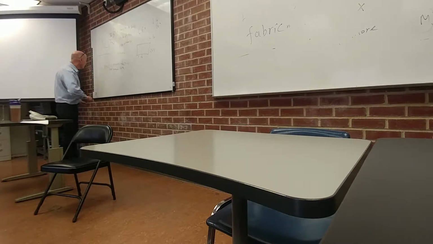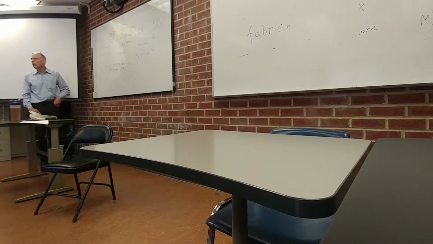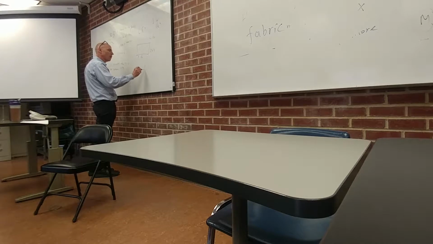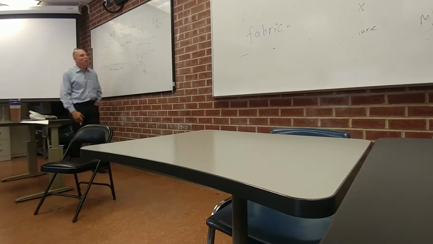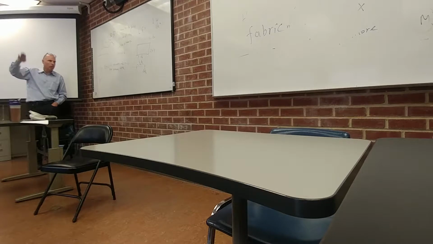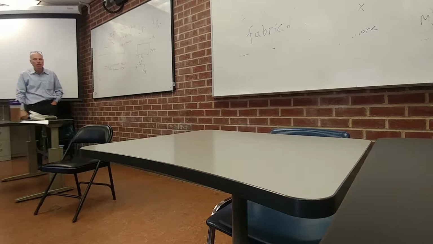And just so we're clear about two things. A moment is going to be, quick review about moments, a measure of the tendency of something to cause the system to tilt in that direction.